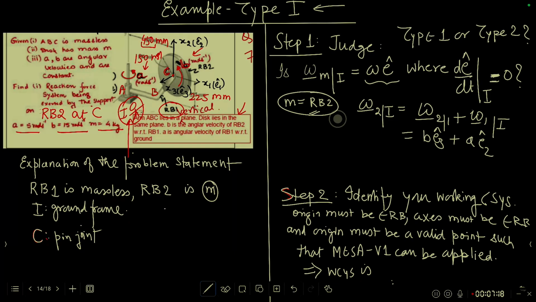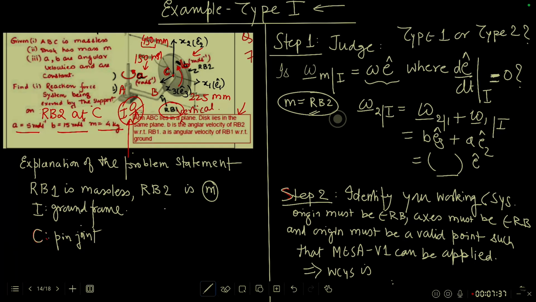So omega 2I is along some direction E. You can write that as something times E hat. But is that E hat stationary with respect to the inertial frame or not?